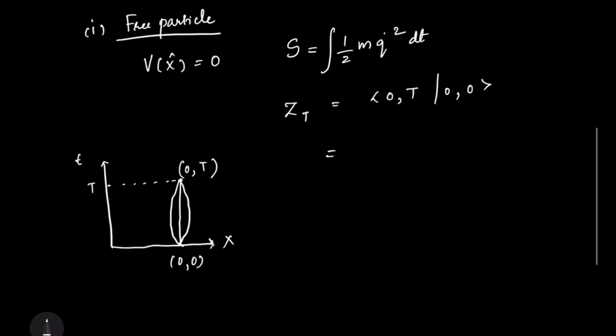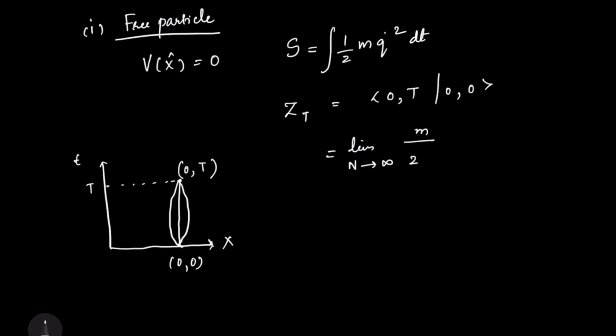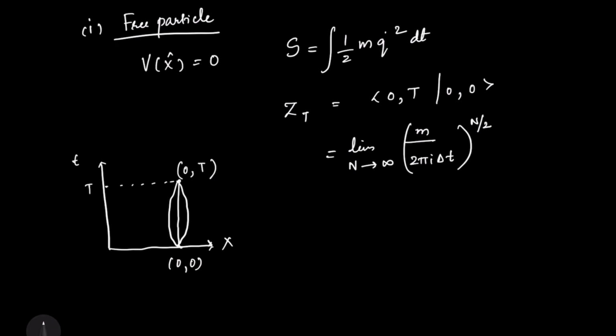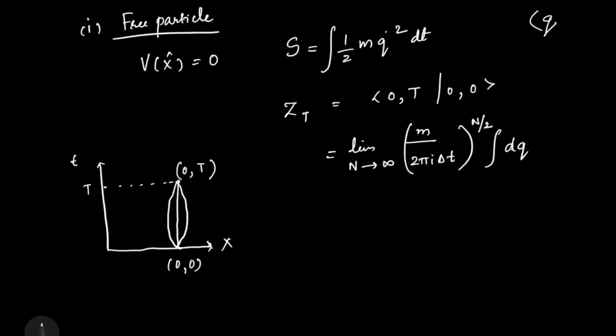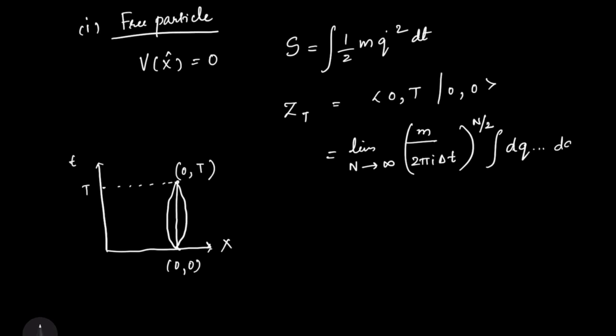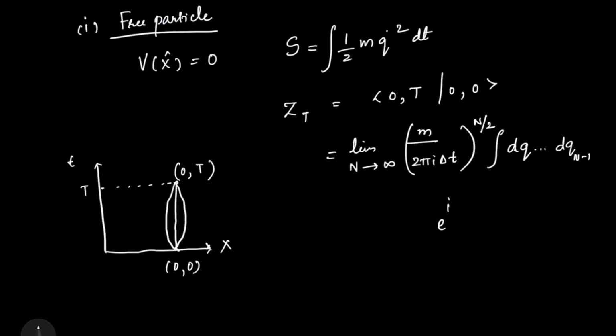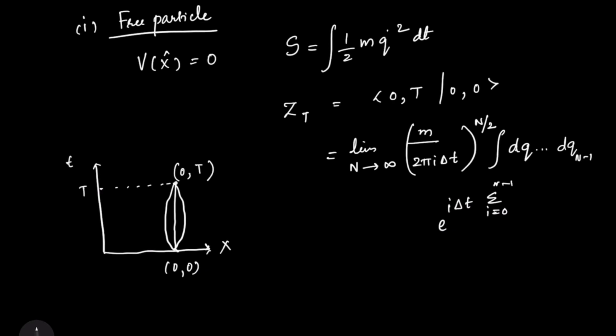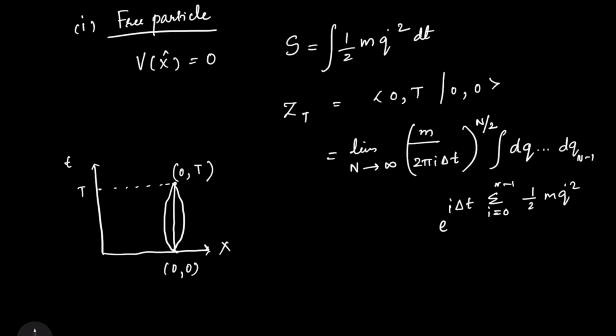So I can write the transition amplitude as the limit n tending to infinity of (m / 2πiΔt) raised to n/2, integral dq_1 up to dq_{n-1}, taking q as the general coordinate, then e raised to iΔt summation over i equal to 0 to n−1 of half m q dot squared.